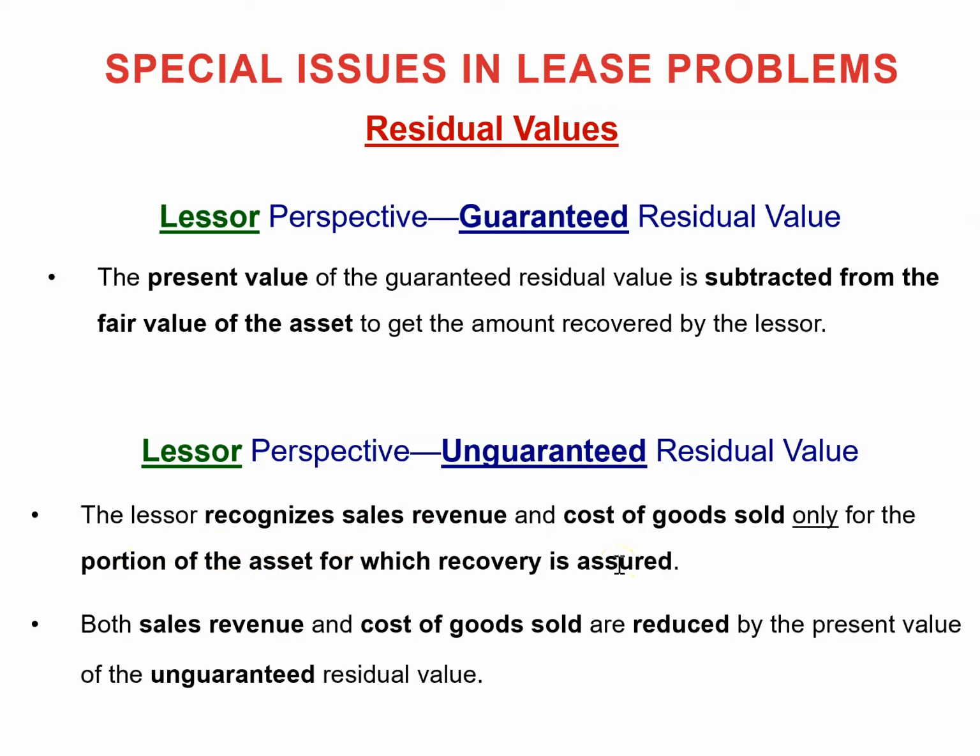The lessor recognizes sales revenue and cost of goods sold only for the portion of the asset for which recovery is assured, and both sales revenue and cost of goods sold are reduced by the present value of the unguaranteed residual value. So that means they will also include the unguaranteed residual value here.